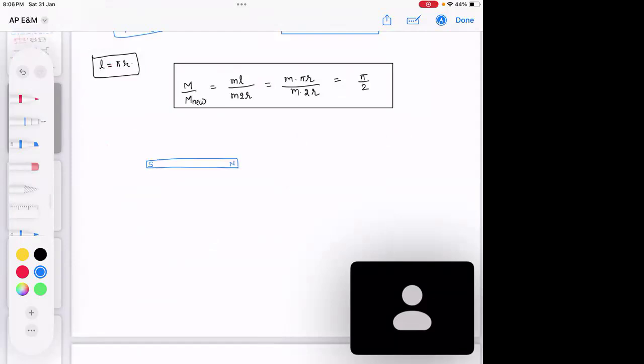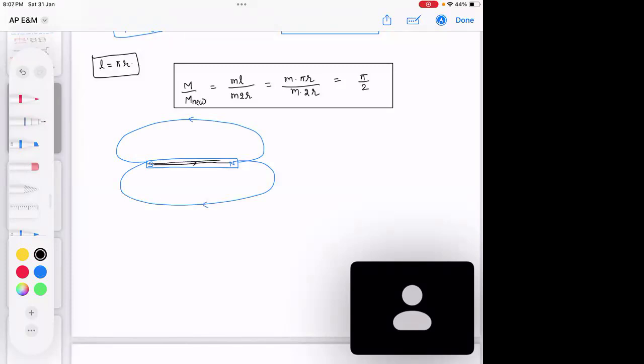Outside the magnet, the field is coming out of the north pole and entering the south pole. And inside the magnet, it is from south to north pole. That's why the magnetic field lines of a bar magnet always form a closed loop.